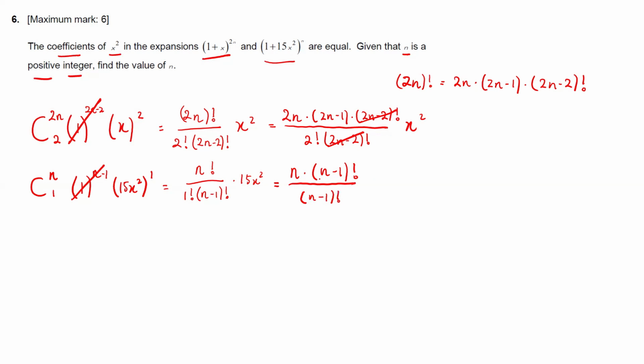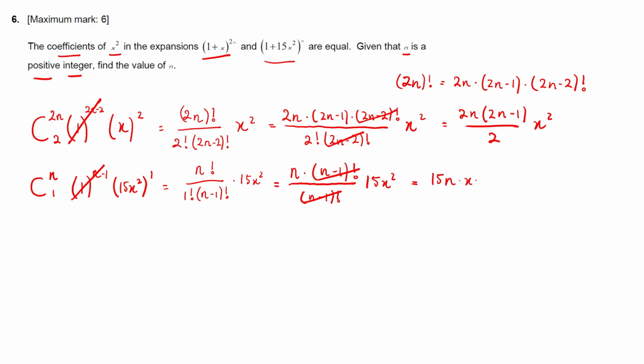We can actually simplify this. Equal times 15x squared. Now, what will we have here? Now we will have 2n multiplied with 2n minus 1 divided by 2, and then we have x squared. And right here we have just 15n, right? Yeah, just 15n right there.